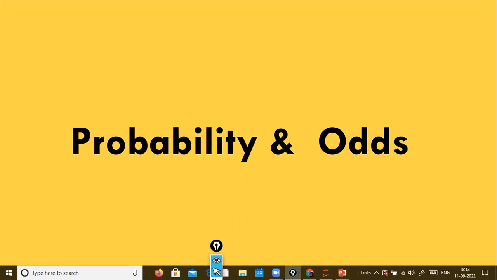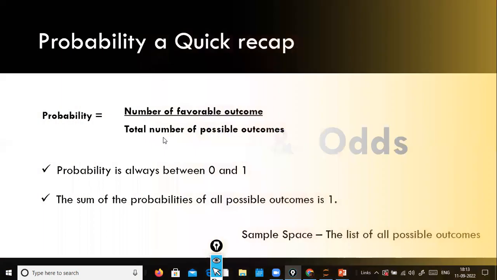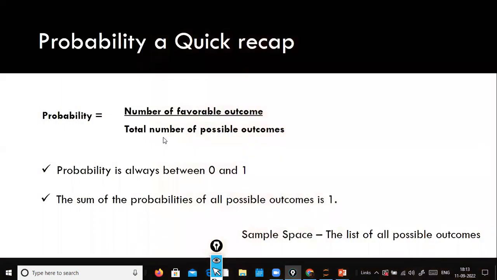First, let's understand what probability is. We know that probability values range between 0 and 1. The equation is the number of favorable outcomes divided by the total number of possible outcomes. Suppose you are tossing a coin. Your favorable outcome is head.